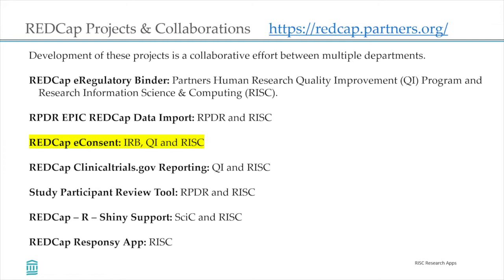Because if you need data, you get it from RPDR and Epic. If you need a place to put it, typically you're trying to put it in something like Redcap or another EDC tool. EConsent I'm going to talk about, but we have a lot of other projects going on. So if you're interested or have ideas of how to integrate Redcap with other things, we're always open for collaboration.